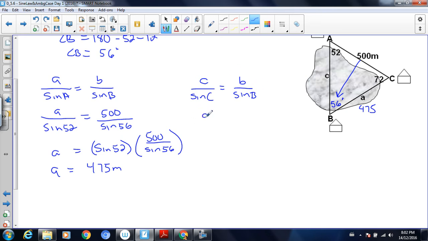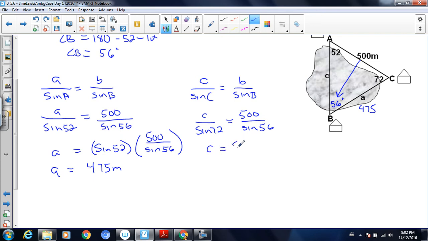So, side C over sine of 72 is equal to 500 over sine of 56, which again, I need to solve for this C, so I have C on its own on this side. I bring sine 72 over, and in that case, it is multiplication.